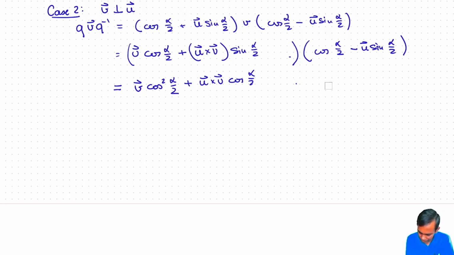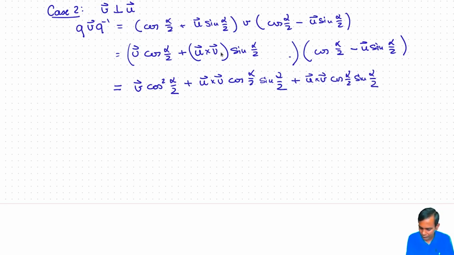So I get u cross v, whereas here I have u cross v cos alpha by 2 sine alpha by 2. Okay, that was the first term, and for the second term I have u cross v, again u cross v cos alpha by 2 sine alpha by 2.